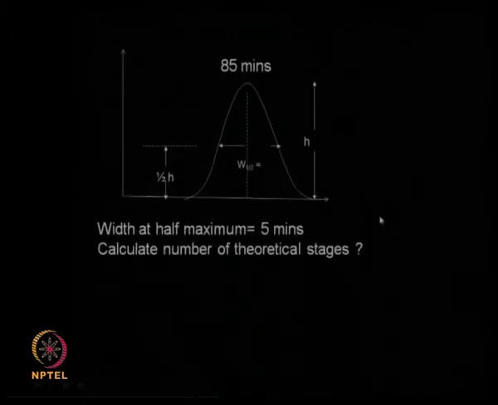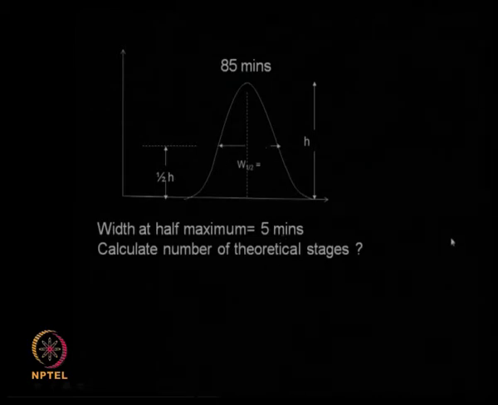Let us look at another problem. This is in a different way. We know the elution time, it is 85 minutes, and the width at half maximum, that is the place where the maximum is half. If you assume the overall height of the peak is h, at half h, this width is given as 5 minutes.